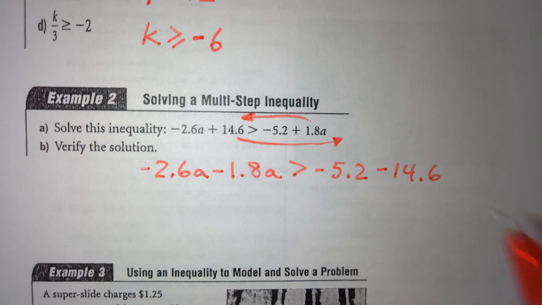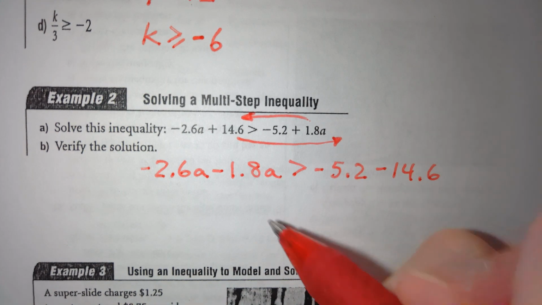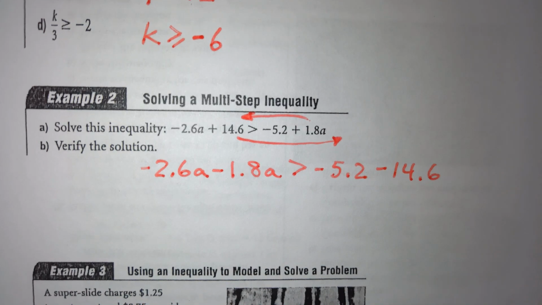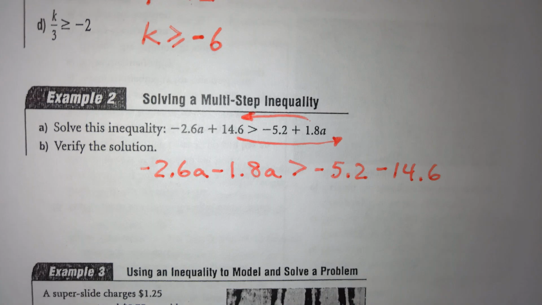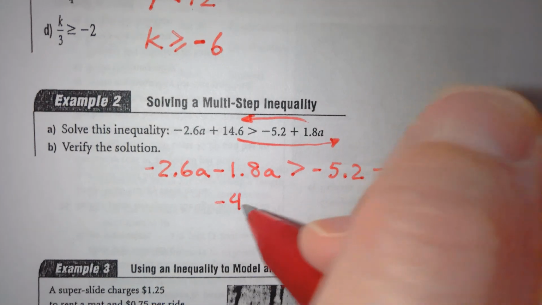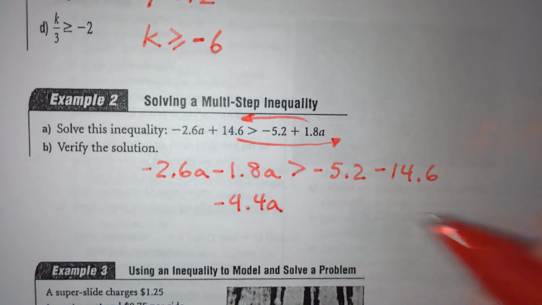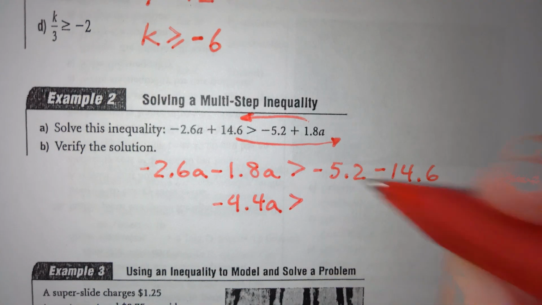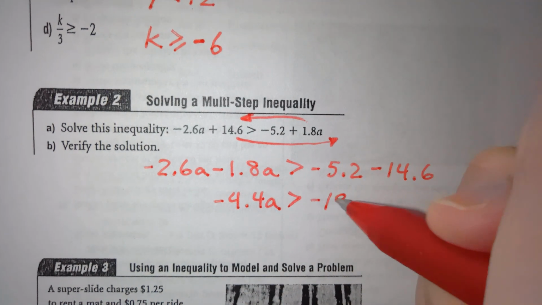Ivan. So I moved the positive 1.8 A to the other side, so it's negative 2.6 A minus 1.8. Mm-hmm. Yeah, and then it's negative 4.4 A to 19.8, and then I flip the sign. Negative 19.8?